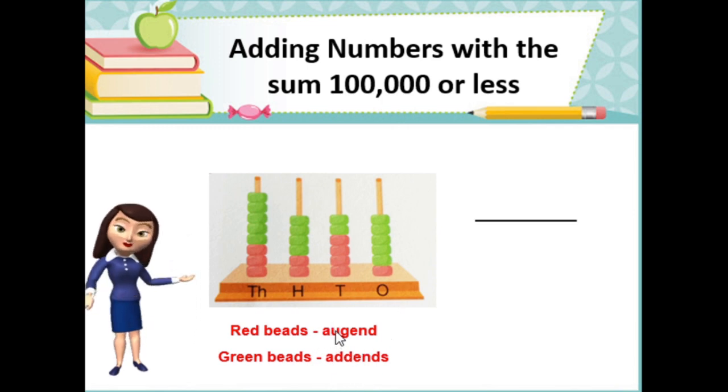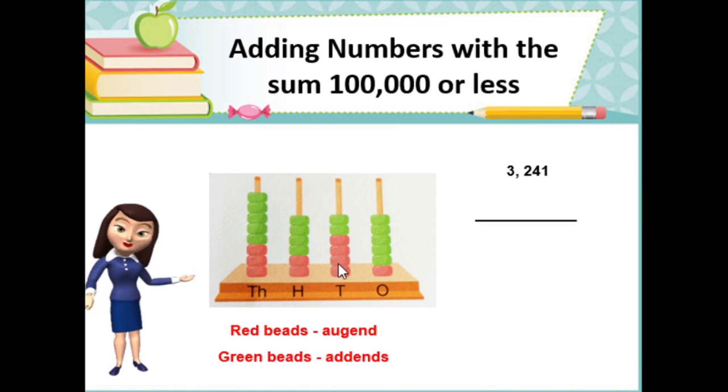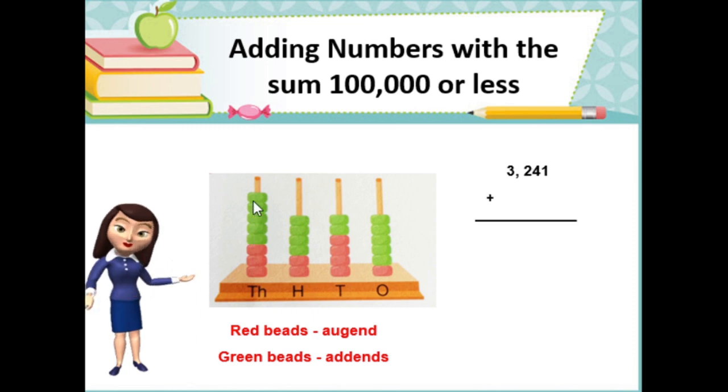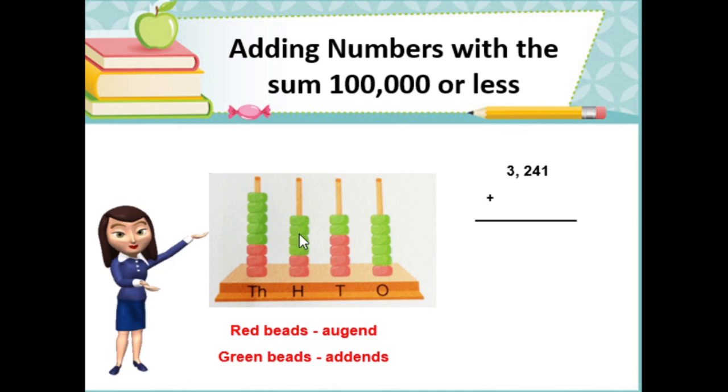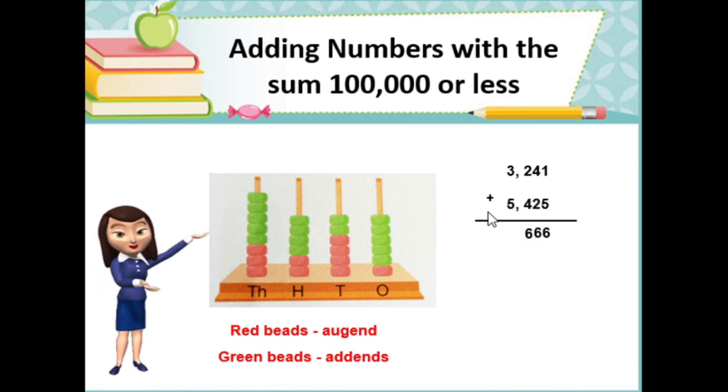Going back to the position of our parts, we have 3,241 plus 5,425.